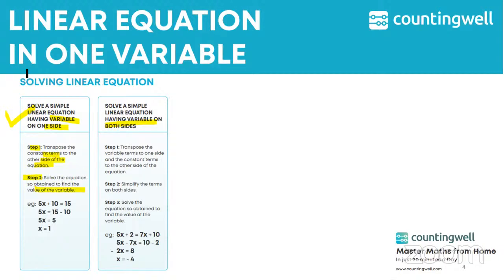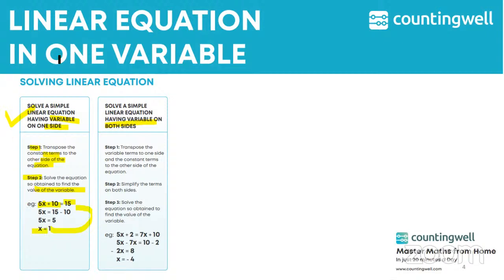Note that solving a linear equation means finding the value of the variable that satisfies that linear equation. So whenever you put the variable as the value of the variable, then you will get it satisfied. Means if you put x equals to 1 here, you have 5 into 1 plus 10, which is equal to 15. That's why x equals to 1 is the solution of the equation 5x plus 10 equals to 15.